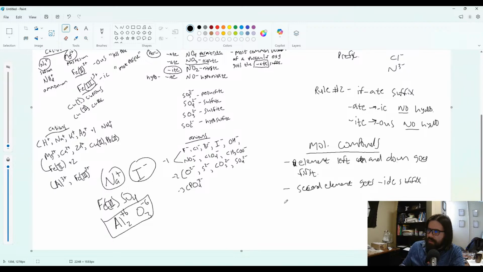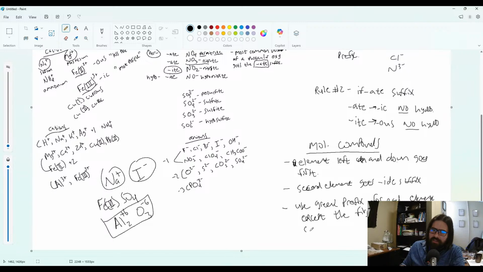Then finally, you use Greek prefixes, so mono, di, tri, tetra, penta, that sort of thing, for each element, except the first, if only one.